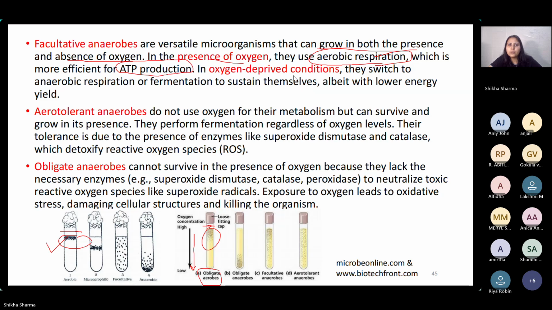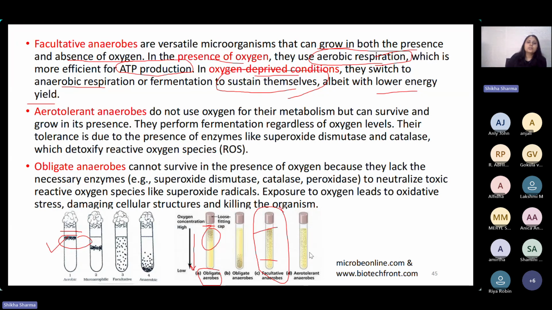Without oxygen, they switch to anaerobic respiration or the fermentation pathway to sustain themselves with the low energy yield. So they can grow from the top to the bottom. If they get oxygen, they can grow. If they do not get oxygen, they can still grow.